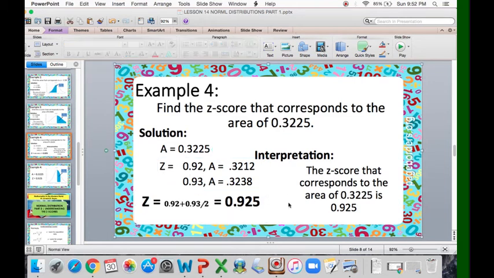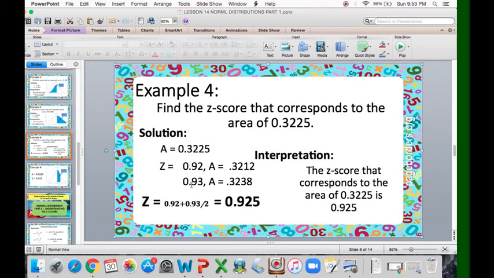So therefore, the z-score that corresponds to the area of 0.3225 is 0.925. So ang gagawin lang, kukunin mo lang yung nakapagitna. Okay? Or yung mas malapit na dalawa, which is 0.3212 and 0.3238. At kukunin mo yung kanilang mga z-score.